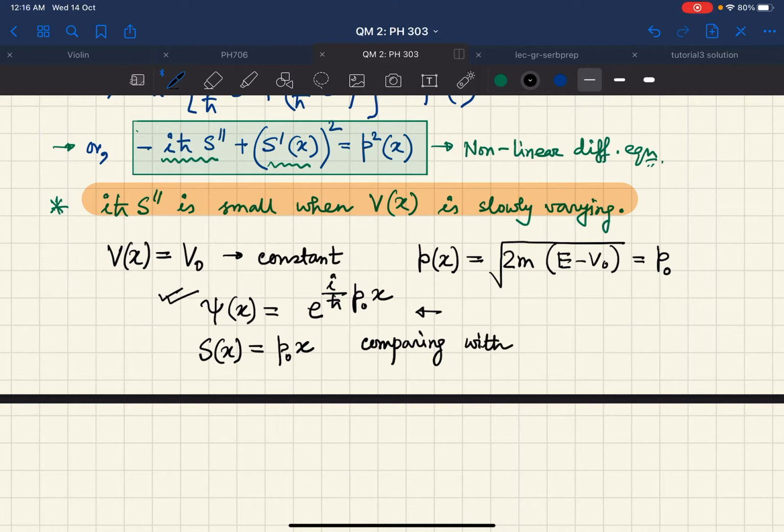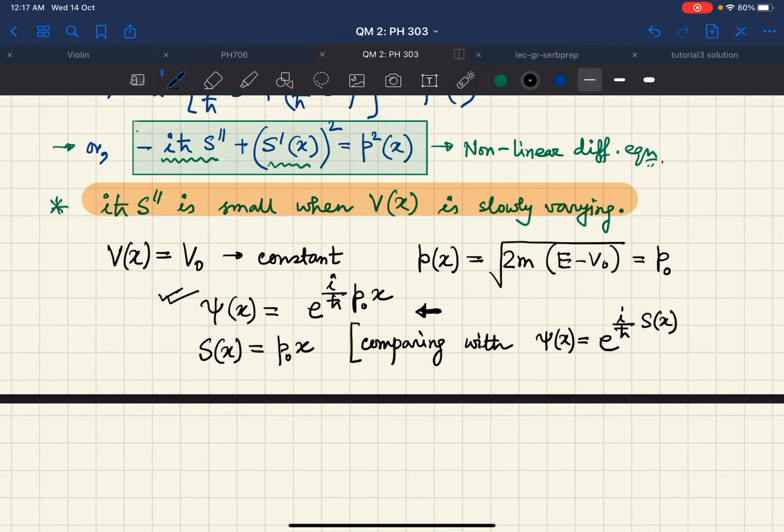Whatever factor is there in the exponential of the free particle wave function, apart from i by h bar, that is my S of x.